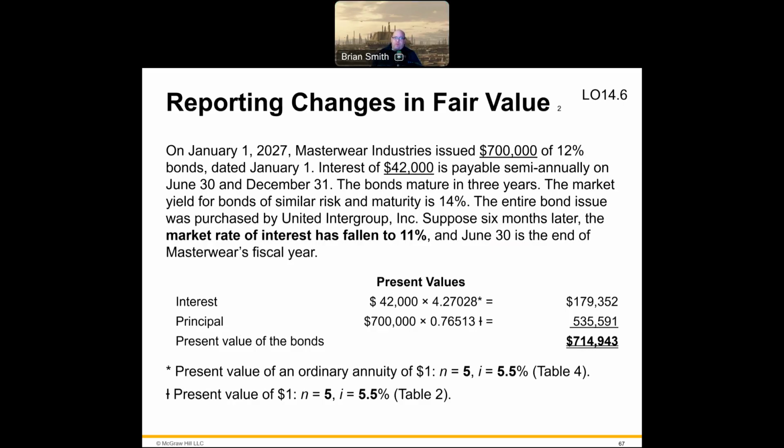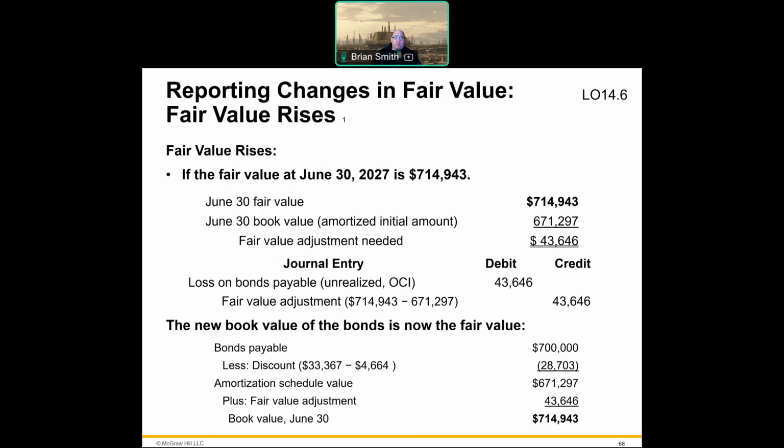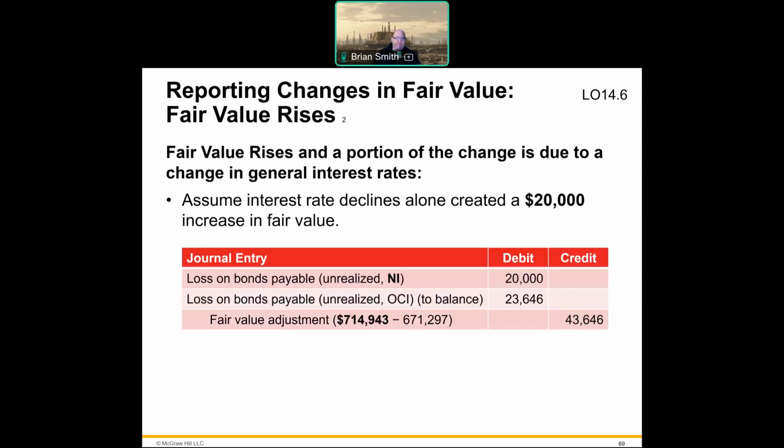Okay, so you're reporting it at fair value here. You read this problem. That's fine. So fair value rises. You're going to show the debit to the loss on bonds payable, credit the fair value adjustment. And the new book value of the bonds is now at the fair value.